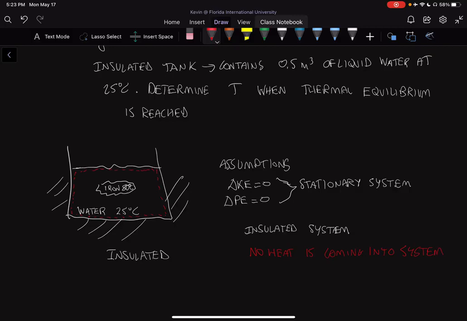And what that means is that if we do an equation based on the whole system with the iron and the water, we can say that Qin is equal to 0.